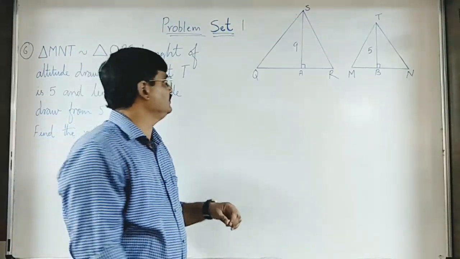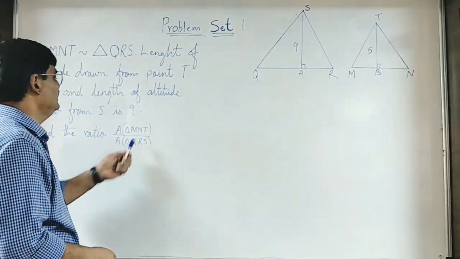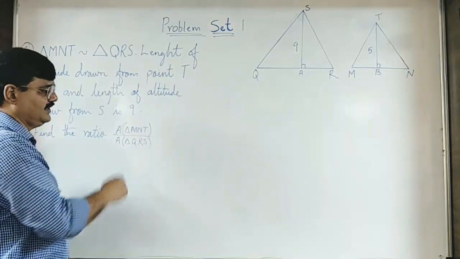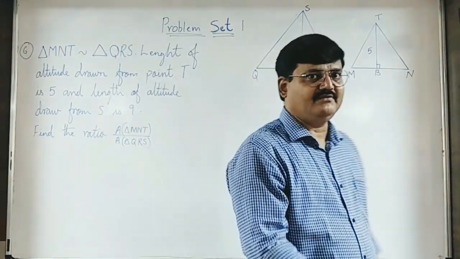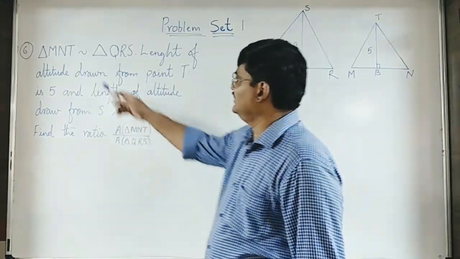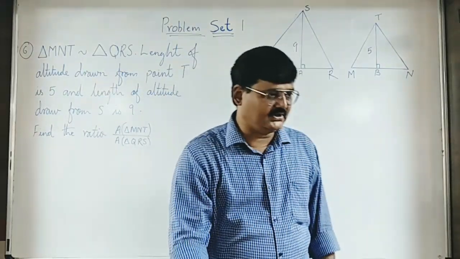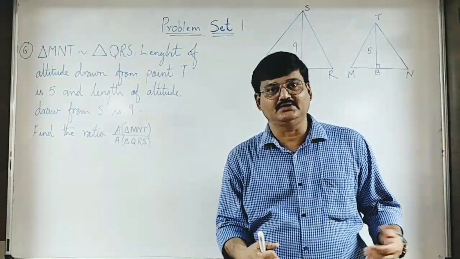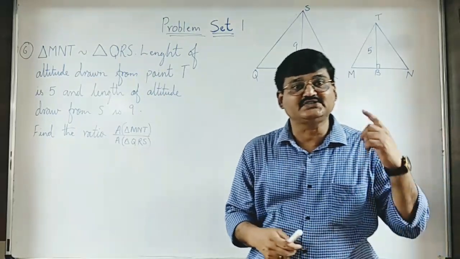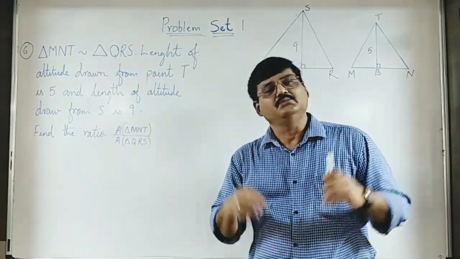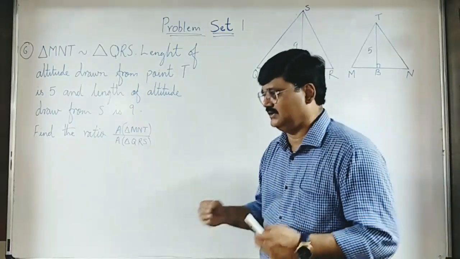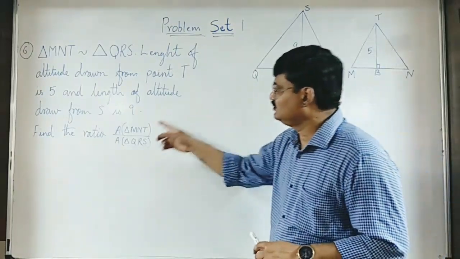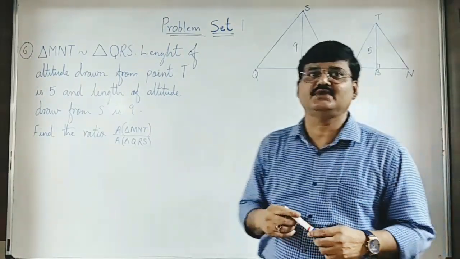Now they ask you to find the ratio of the area of triangle MNT upon the area of triangle QRS, the ratio of the areas of the two triangles. In exercise 1.4 we did the theorem that the ratio of the areas of two similar triangles is equal to the ratio of the squares of the corresponding sides. But there is one more part: if two triangles are similar, the ratio of their areas is also equal to the ratio of the squares of their heights.